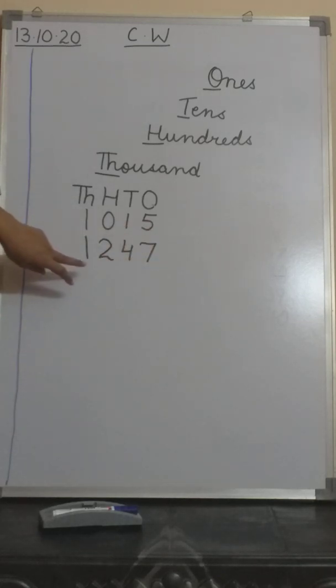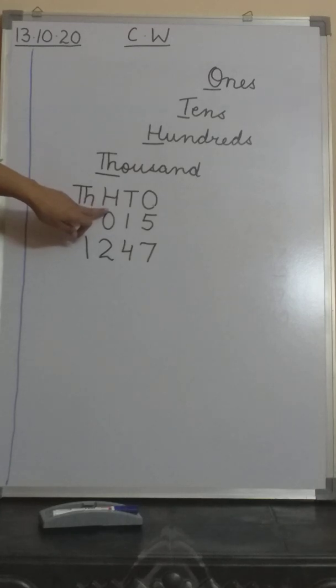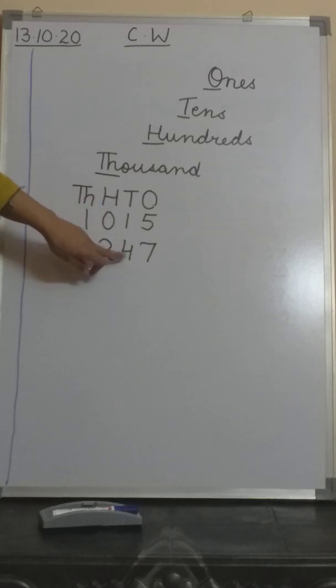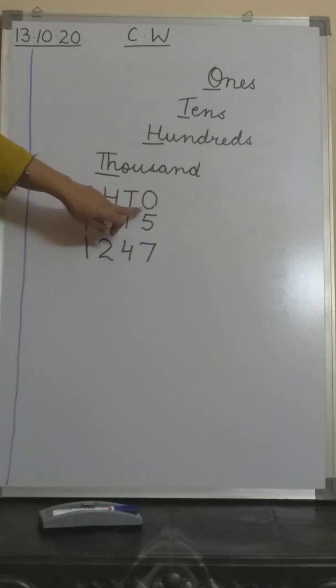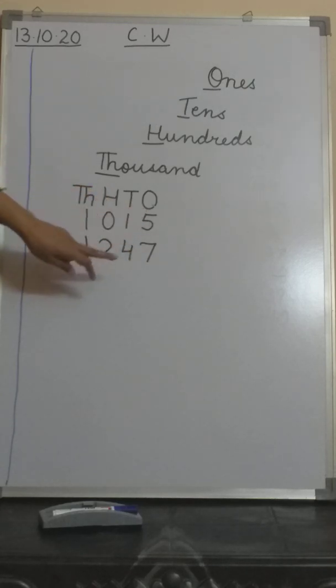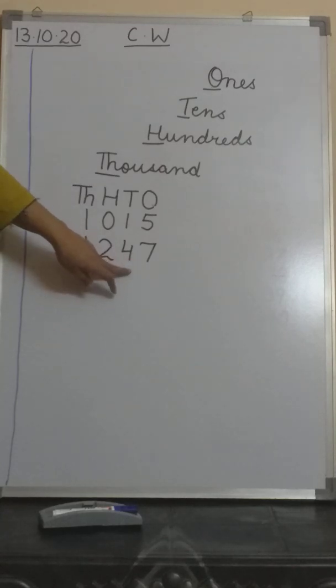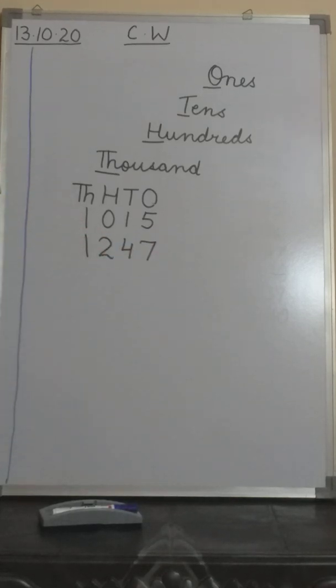Now 1 comes under thousand, 2 comes under hundreds, 4 comes under tens and 7 comes under ones. So how will we read this number? 1247.